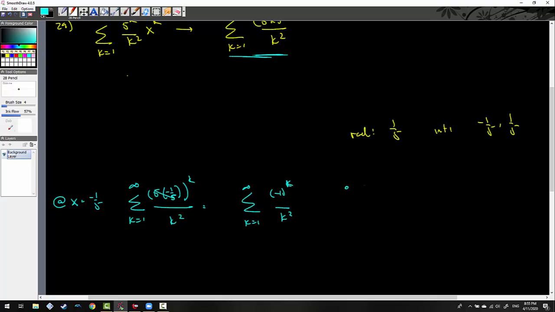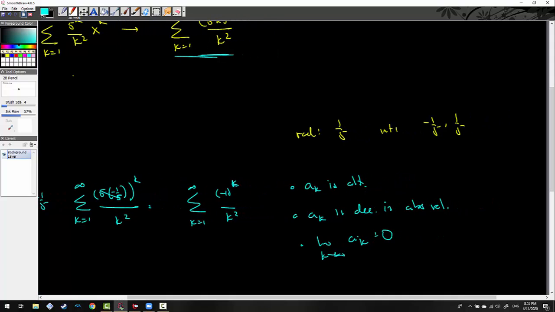So I would say a sub k is alternating, a sub k is decreasing in absolute value, and the limit as k goes to infinity of a sub k is equal to 0, and therefore the sum from k equals 1 to infinity of negative 1 to the k over k squared converges by alternating series test.